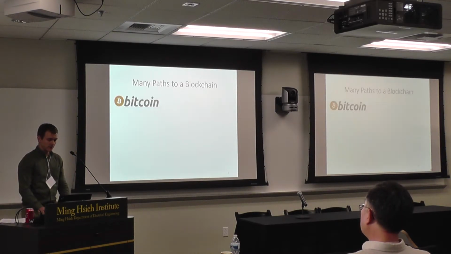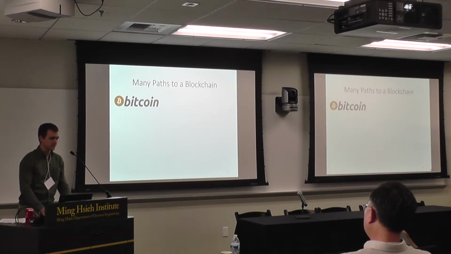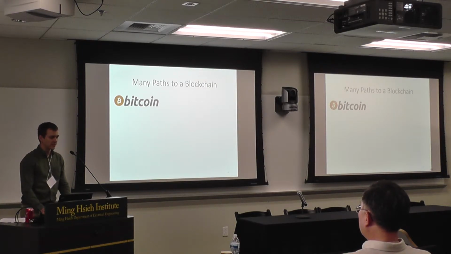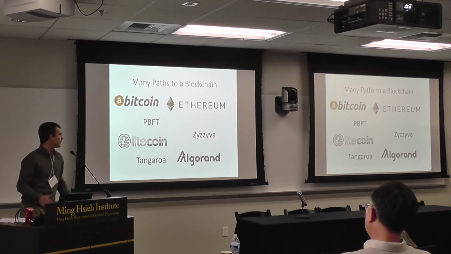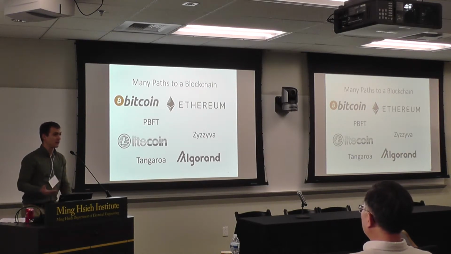So, in this talk, I will try to shed a bit of light on how we can deal with this. There are many paths to obtaining a blockchain. Everything became very popular in the late 2000s, when the famous Nakamoto Bitcoin was published and implemented. Since then, many other variants of blockchains have emerged, hundreds of them based on the very same principles as Bitcoin, but there are also other approaches.